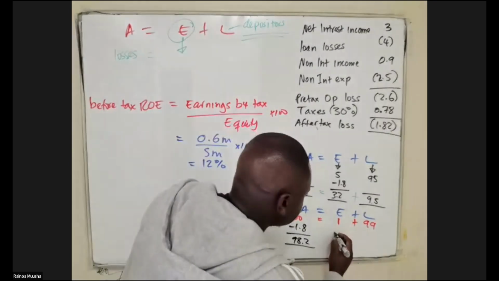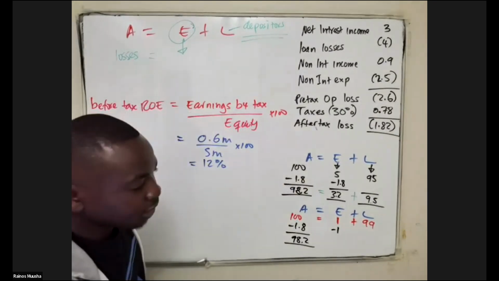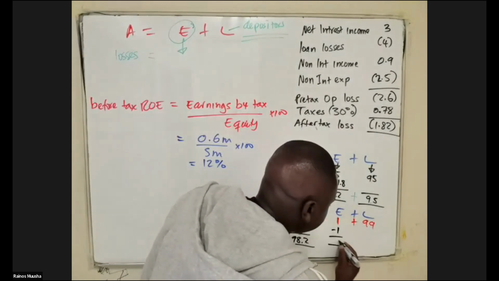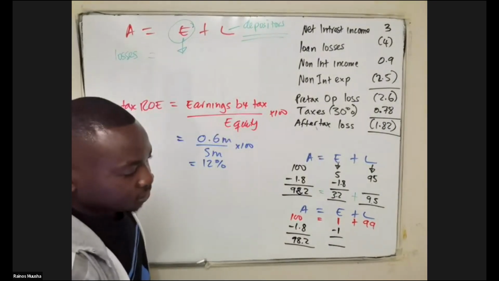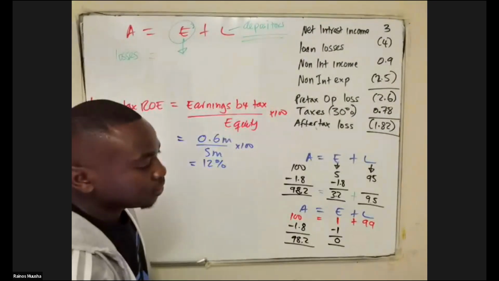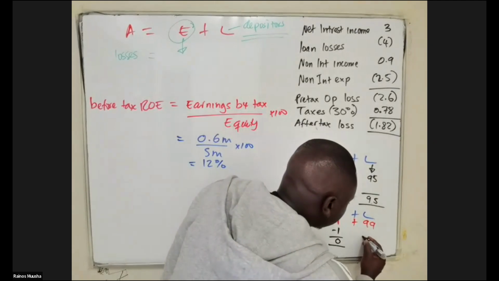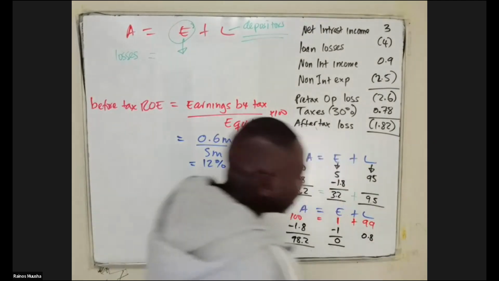And the equity is only going to be able to absorb the 1 million, isn't it? Which means the liability side is the one that has to absorb the other 0.8 million.